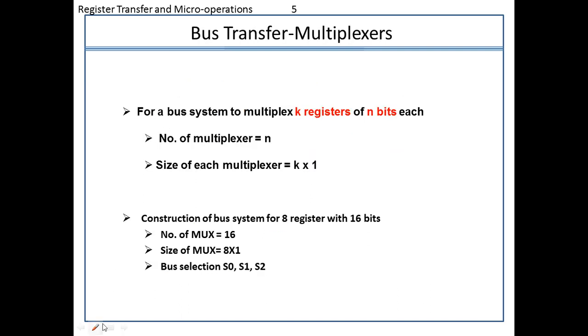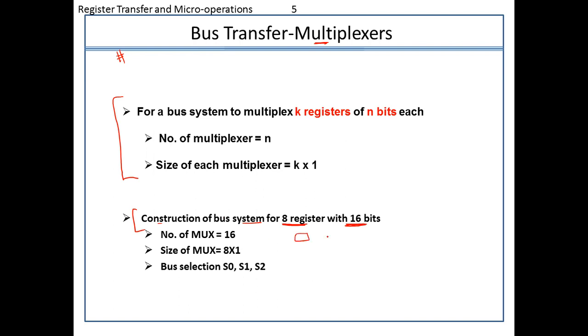In order to design a bus system using a multiplexer, there is a key term that we need to understand. Whenever I have to design a system using multiplexers, I would always be provided with some scenario like here. The question would be like: construct a bus system of 8 registers which consist of 16 bits.